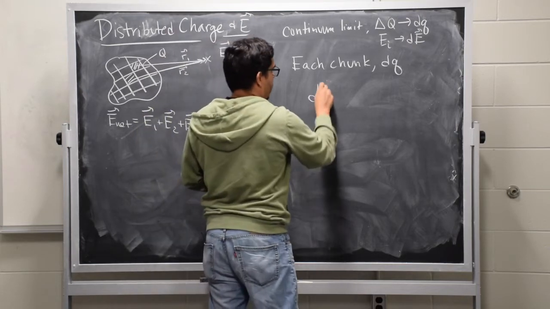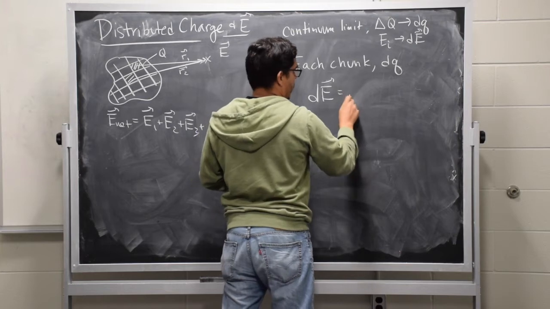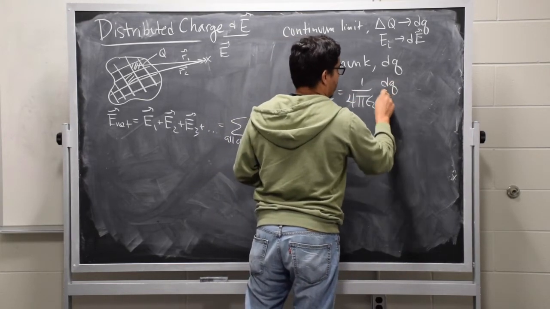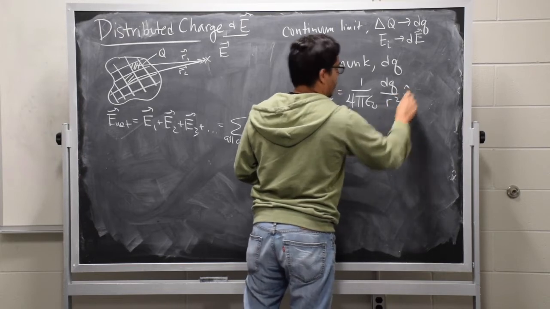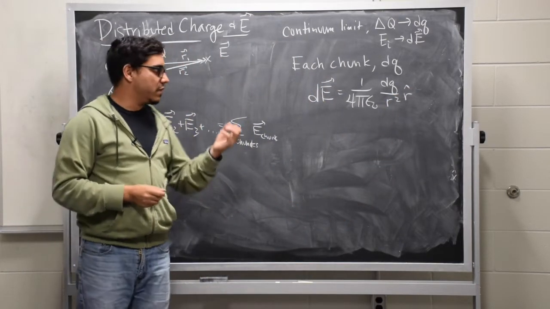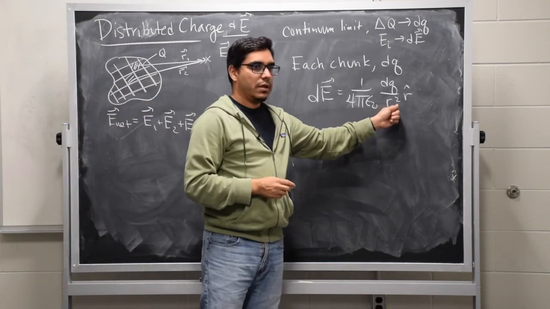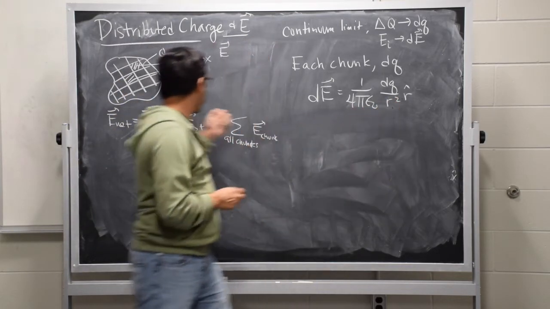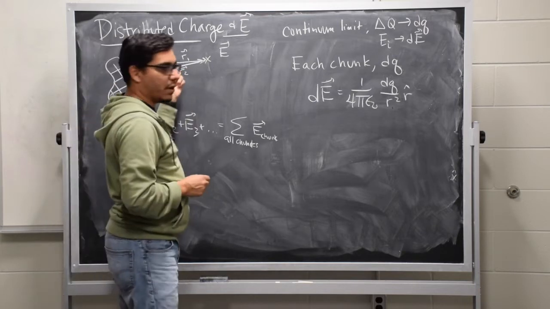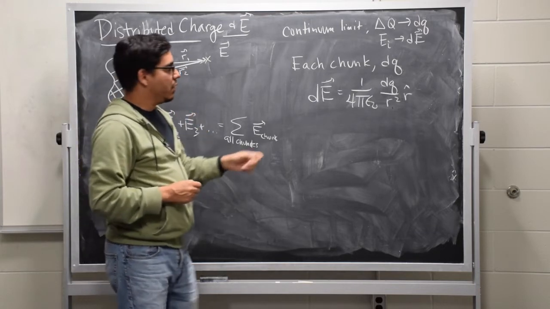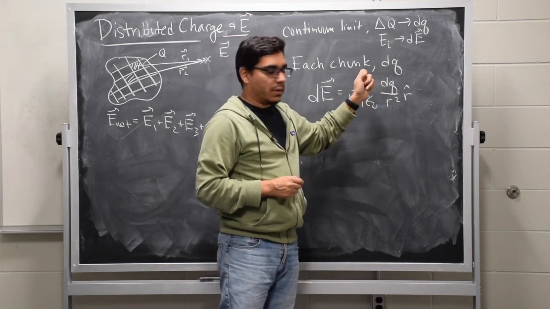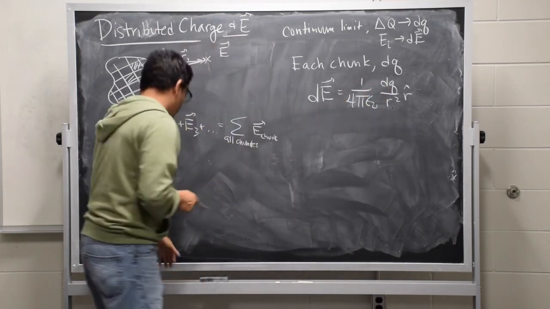So each one of them contributes exactly 1 over 4 pi epsilon 0, dq over r squared, r hat. Now this is very similar to what we did with point charges, because each one of these little r's is a different r, exactly like this picture here. We have to add up little chunks of charge at different r's, but each of them contains an amount of charge dq. We're going to unpack that in a moment.